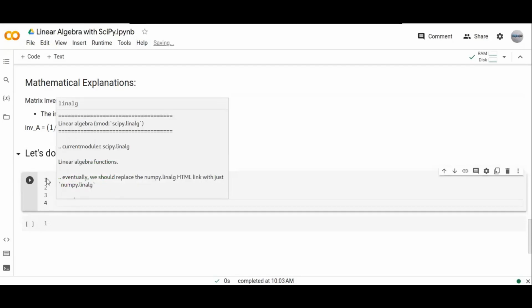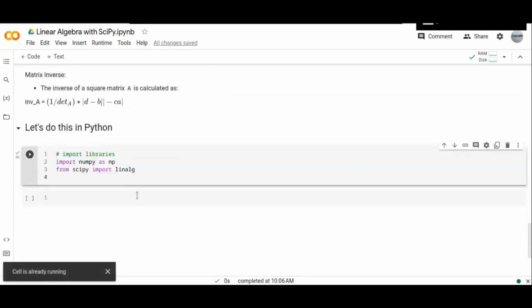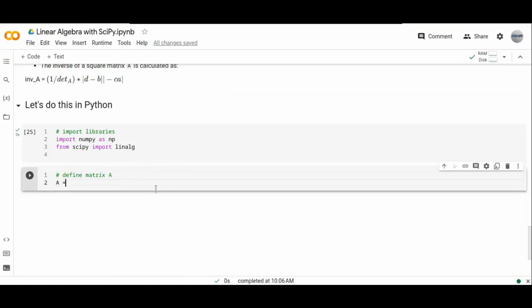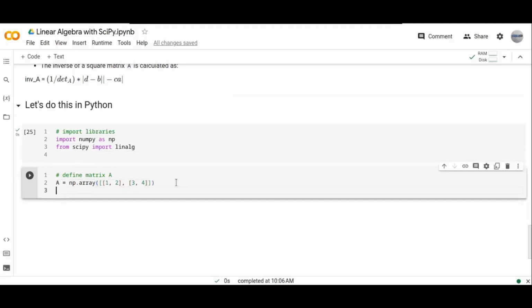And now the next step is to define matrix A. Matrix A is a NumPy array: 1, 2, 3, 4.